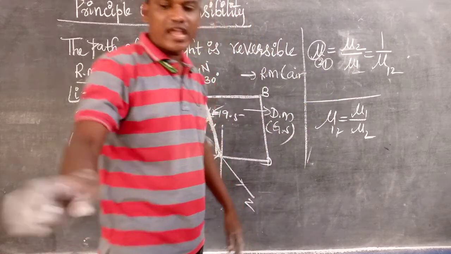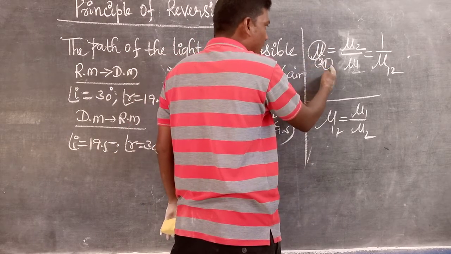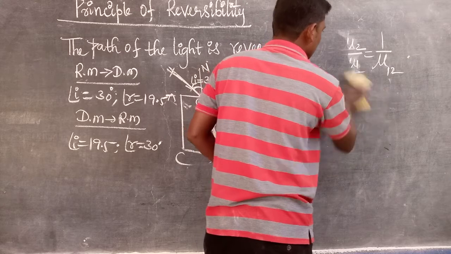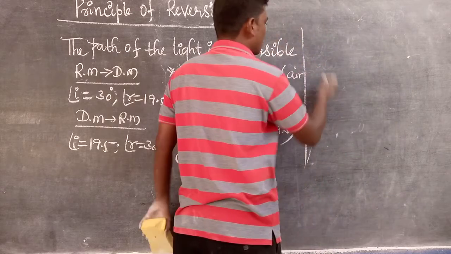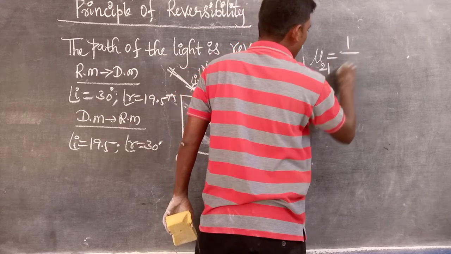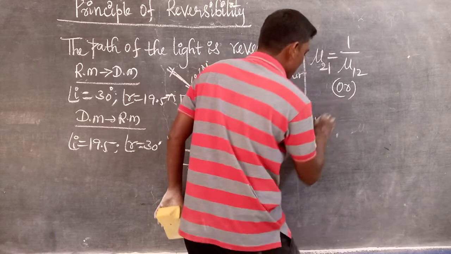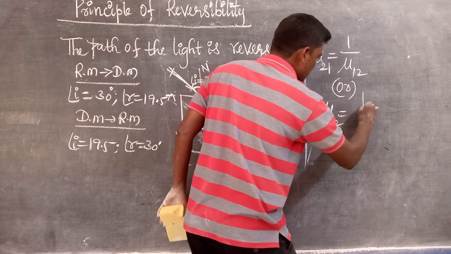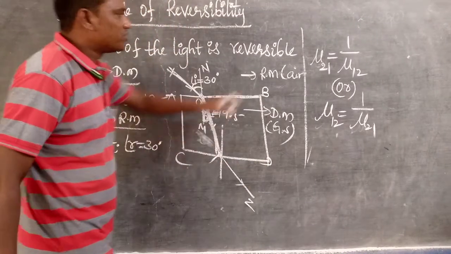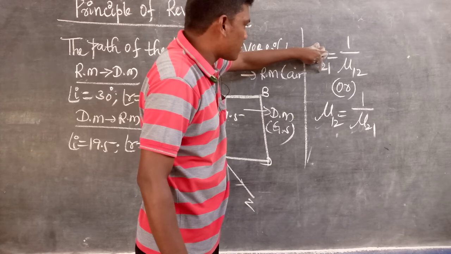So we can write, for the principle of reversibility, mu of 2,1 is equal to 1 upon mu of 1,2, or mu of 1,2 is equal to 1 upon mu of 2,1. This is represented when light travels from denser medium to rarer medium.